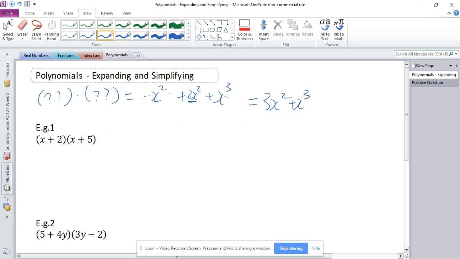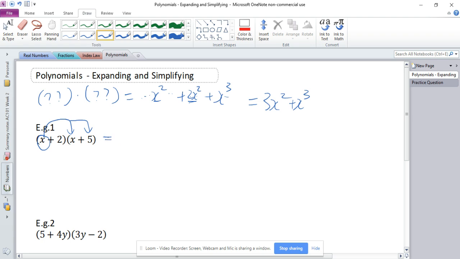Okay, so let's look at example 1 here. x plus 2 times x plus 5. How to expand it? First of all, for the x in the first bracket, you times in here, you times in here.